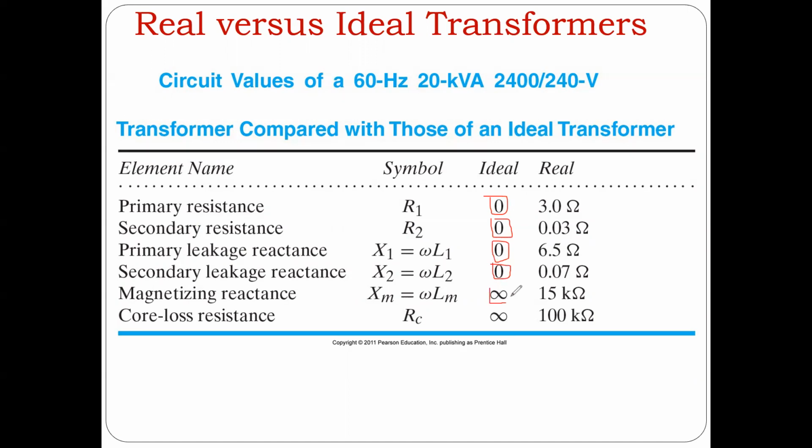You should have infinite magnetizing resistance, and it should also have infinite core loss resistance. Okay, but unfortunately, this does not exist. What we have is some resistance which you perceive from the primary circuit and the secondary circuit, and there are reactances which you cannot avoid, and they exist.